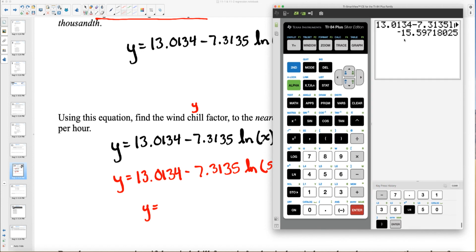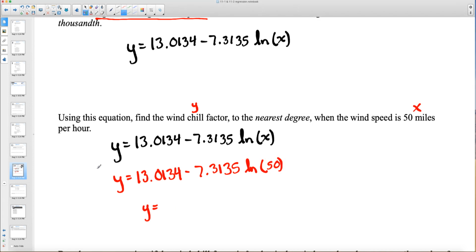So nearest degree, that will round to negative 16 degrees. So it was negative 15.59718 ... And we're just going to go ahead and round that to negative 16 degrees.